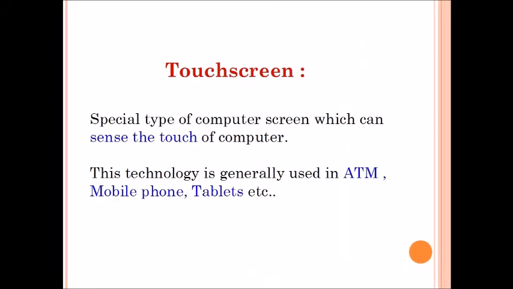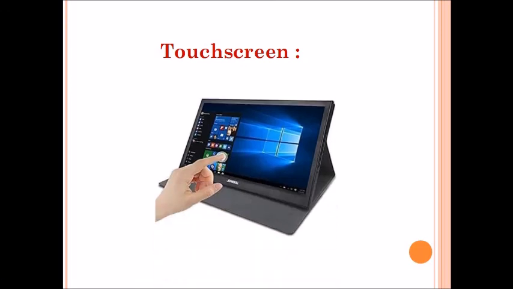Then the touch screen. It is a special type of computer screen which can sense touch. This technology is generally used in ATMs, mobile phones and tablets, etc. Look here, on this tablet, by touching the screen we can perform all the functions.